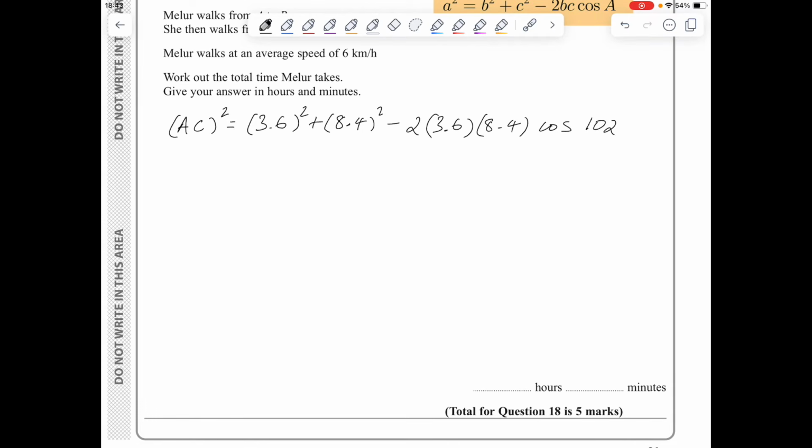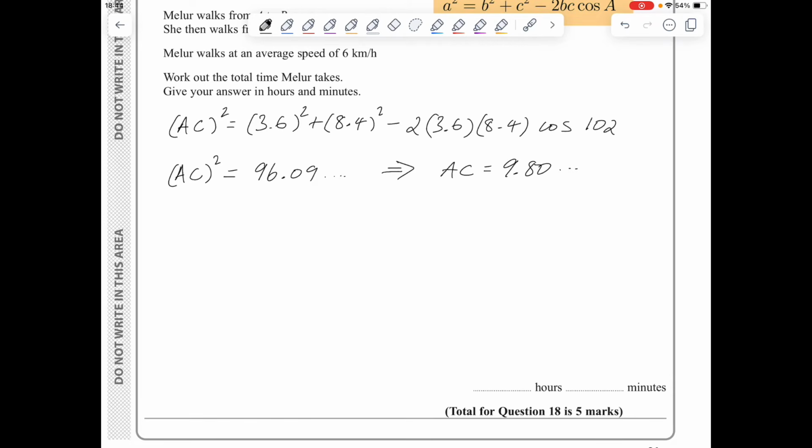Put this on the calculator. AC squared comes out to be 96.09 and so on. Take the square root. AC is equal to 9.80 and some more digits.